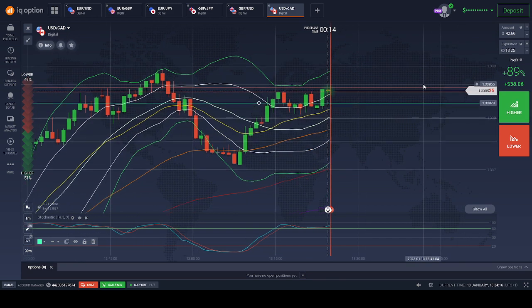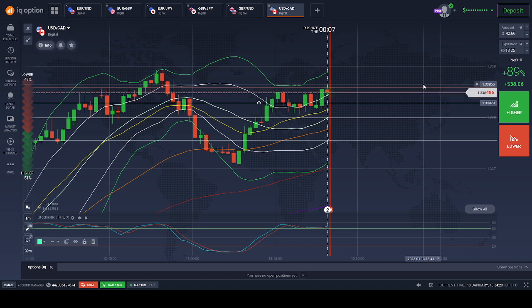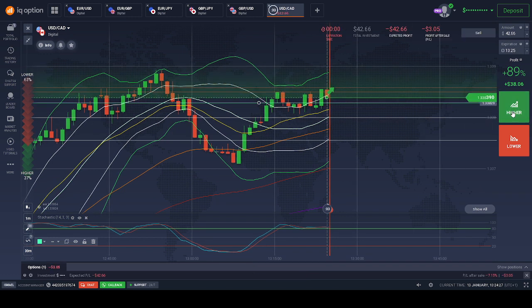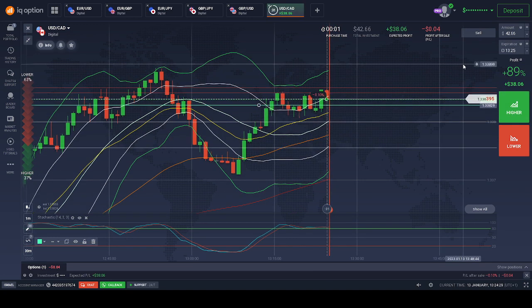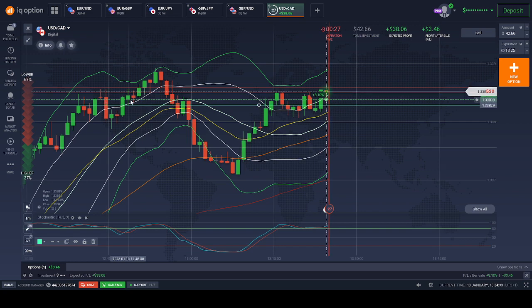Because it is now again in the big resistance area. Will it break it? Yes. This is the point where it stopped. It needs to go.